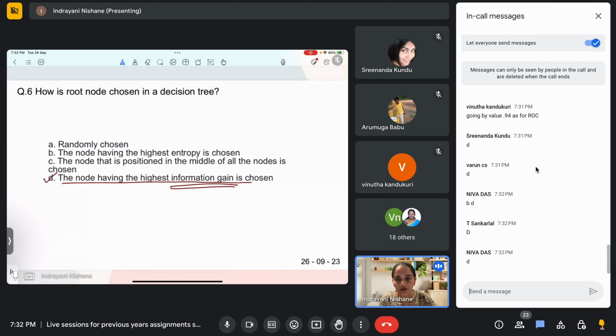So entropy will not be choosing our root node, but instead information gain will decide. But the formula for information gain is also dependent on entropy. So even though we don't consider entropy directly, we consider only the information gain to decide which node is going to be the root node for our decision tree.